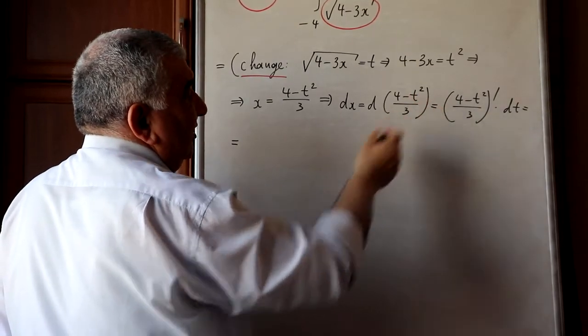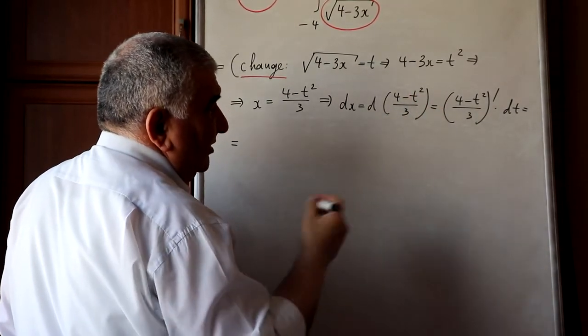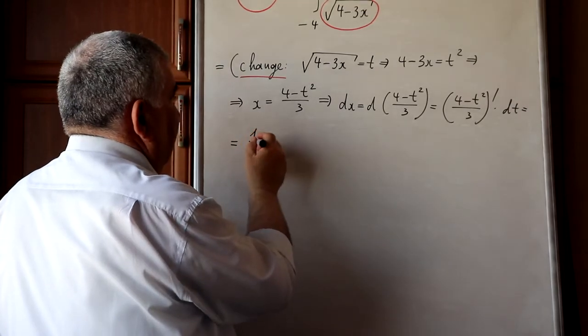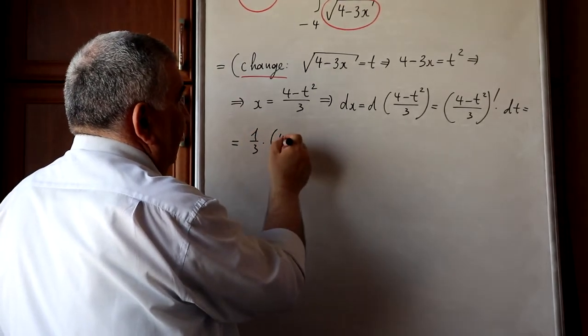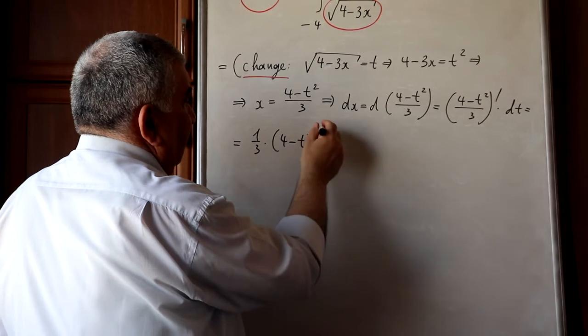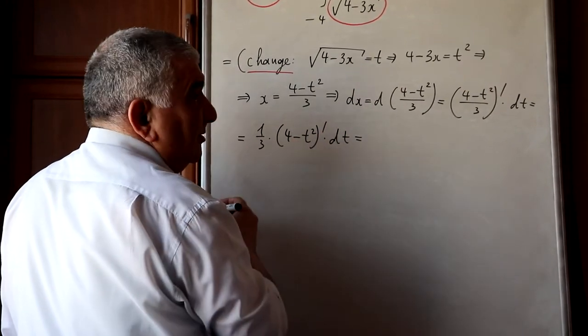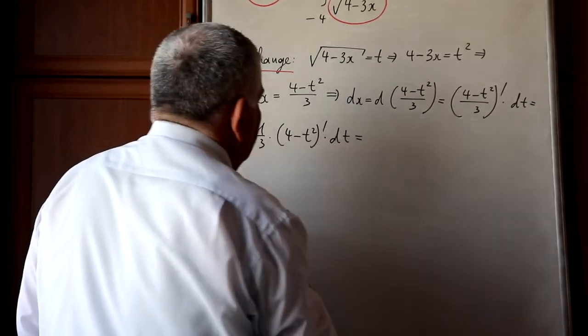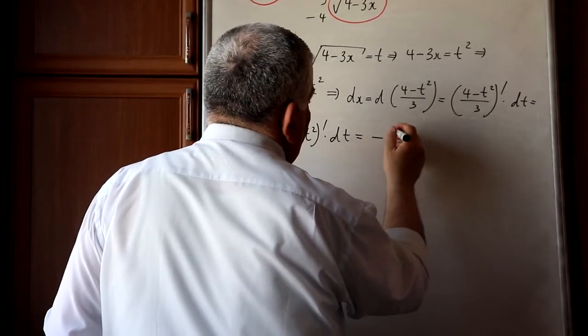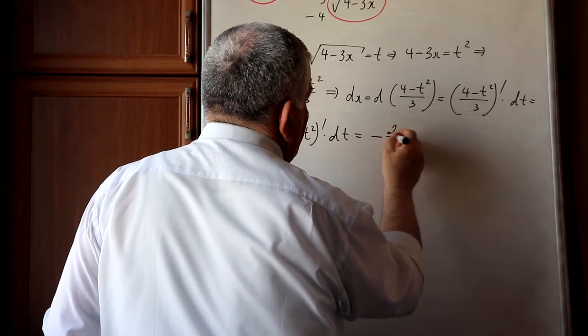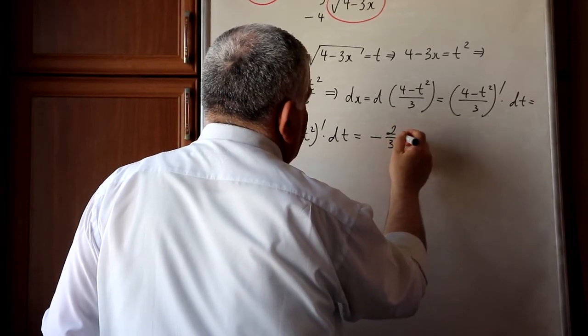First we can take 1/3 out of the derivative symbol: 1/3 multiplied by the derivative of 4 minus t squared dt, and the derivative of this expression is minus 2t. Therefore we have minus 2/3 t dt.